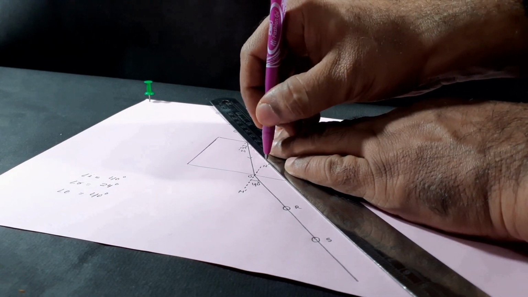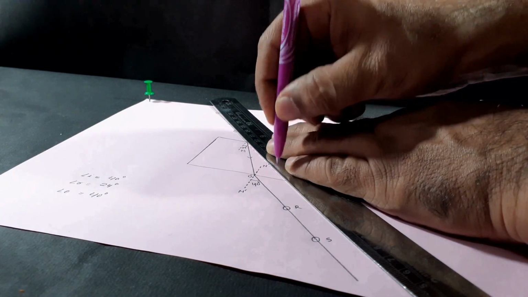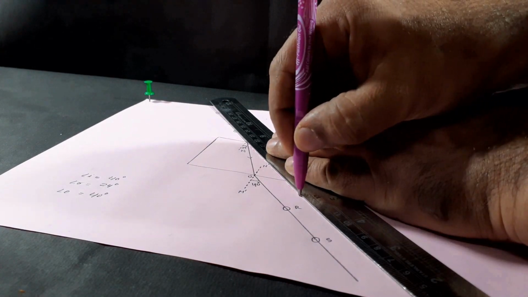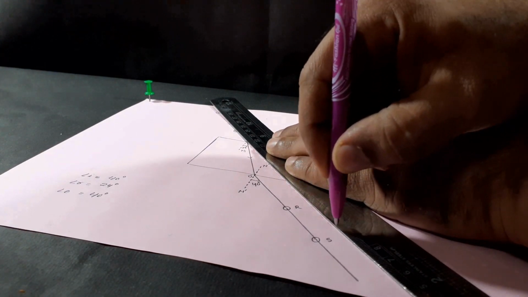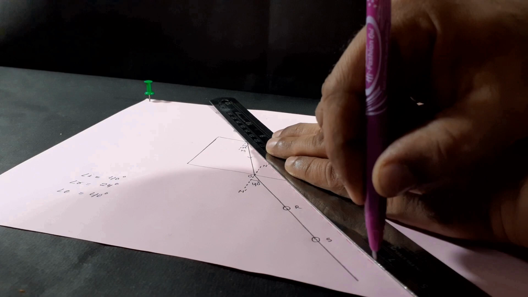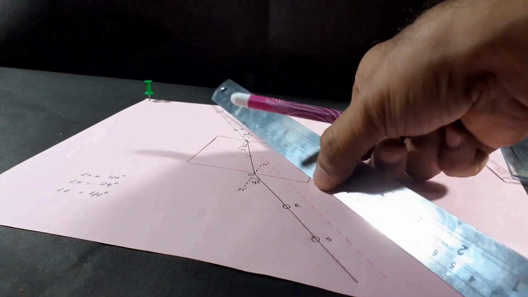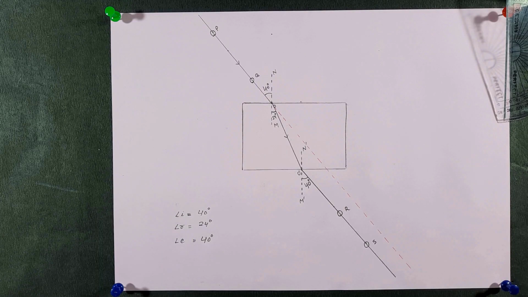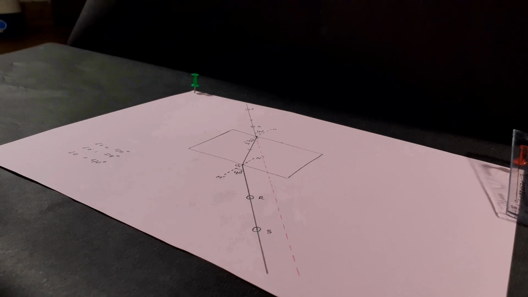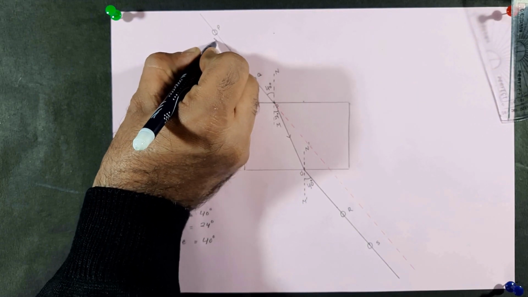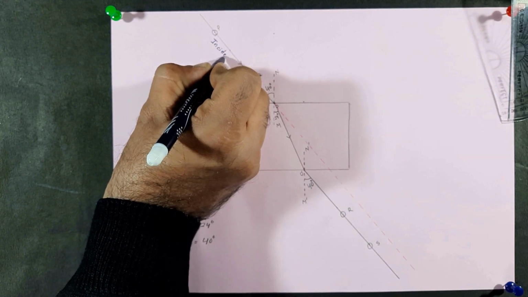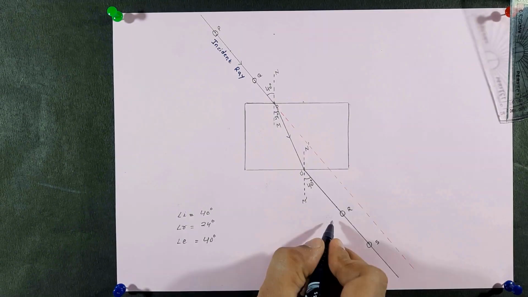Extend the incident ray with the dotted line. Here we can clearly see that the emergent ray is parallel to the incident ray. Label the incident ray, emergent ray and refracted ray.